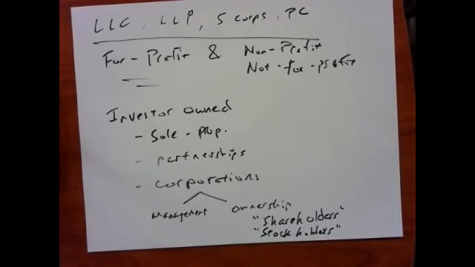So for example, if you are interested in being a part owner in Genesis Healthcare, like I am, or you're interested in being a shareholder in HCA and owning a little bit of Portsmouth Regional Hospital, you could buy shares of HCA.